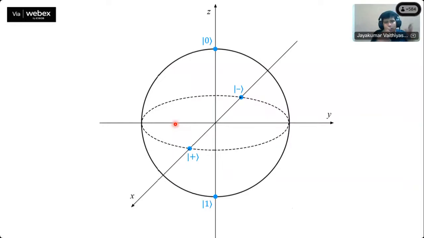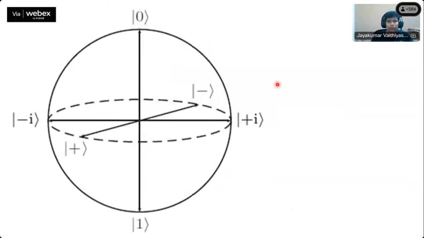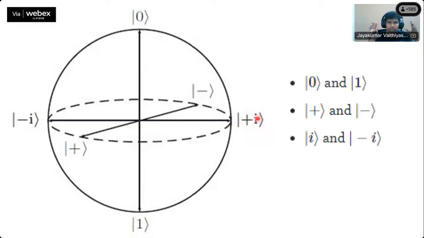Recall from the previous slide, we have the Bloch sphere. On the Bloch sphere, we have state 0 and state 1 on the z-axis, positive and negative on the x-axis, and minus I and plus I on the y-axis. With this, we can form three pairs.